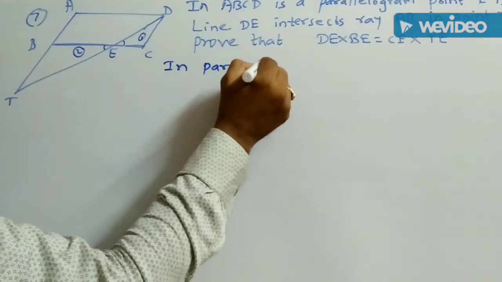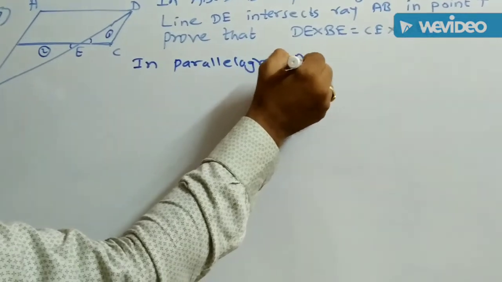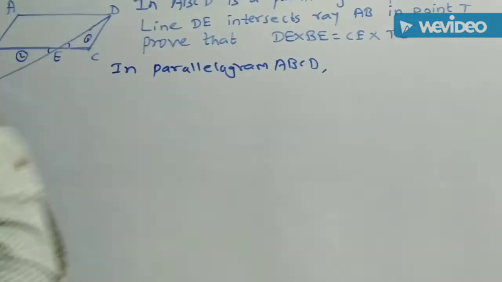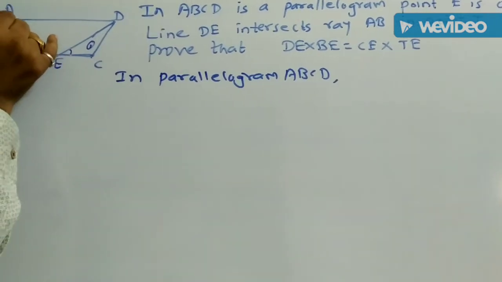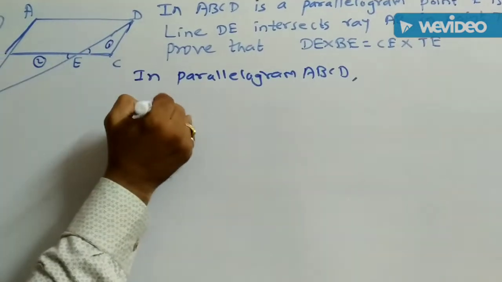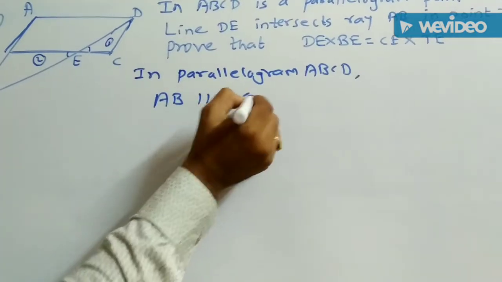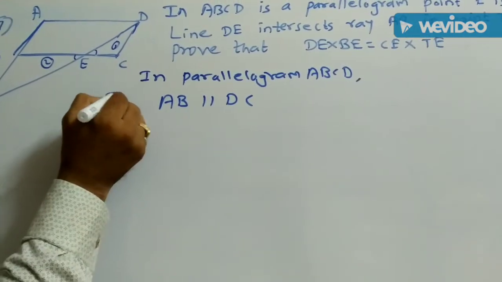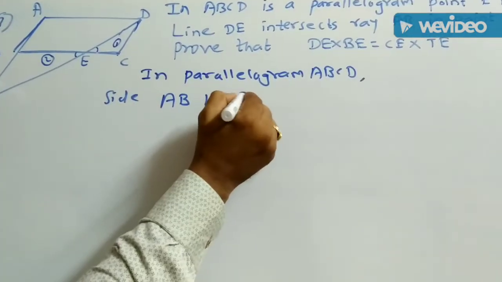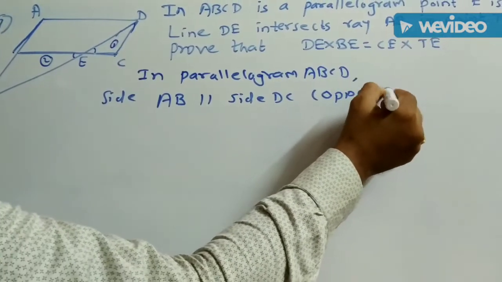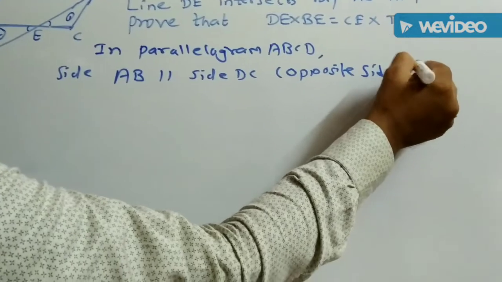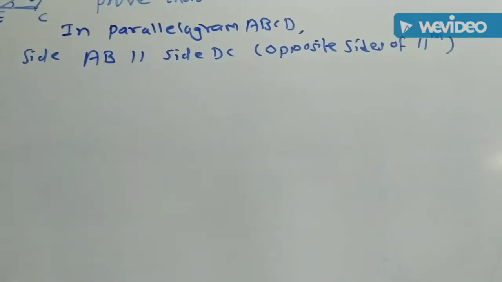Therefore, in parallelogram ABCD, opposite sides of a parallelogram are parallel to each other. Therefore, we can write AB parallel DC, the reason being opposite sides of a parallelogram.